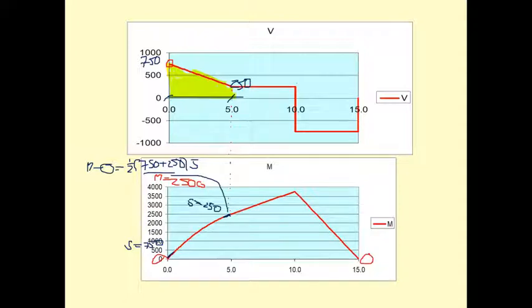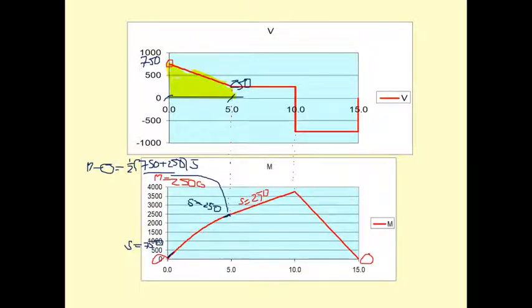Next, the slope is going to be equal to the value of shear here. So the slope along the second region is S equal to 250. And then up to this point, what is the value of the moment that's going to occur here?